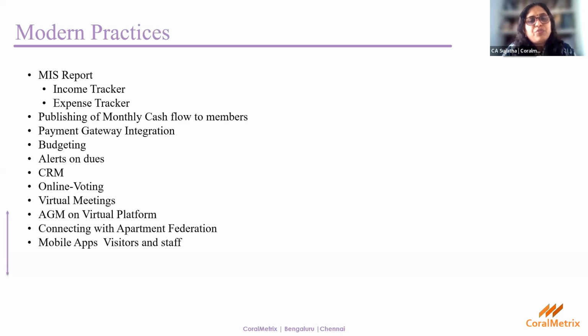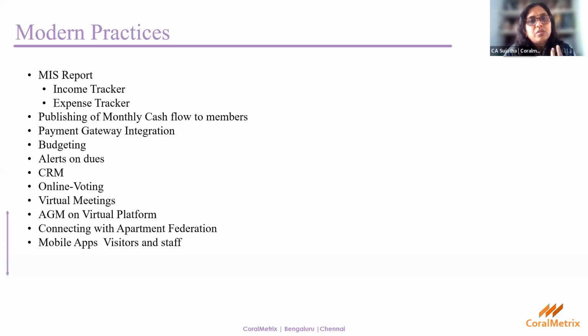And some of the apartments have a backend integrated with the accounting software. The accounting software is integrated with the payment gateway, so that members can pay the CAM charges using their mobile app. So right from visitor entry to the payment, everything happens in one click, making it easier for them to pay.